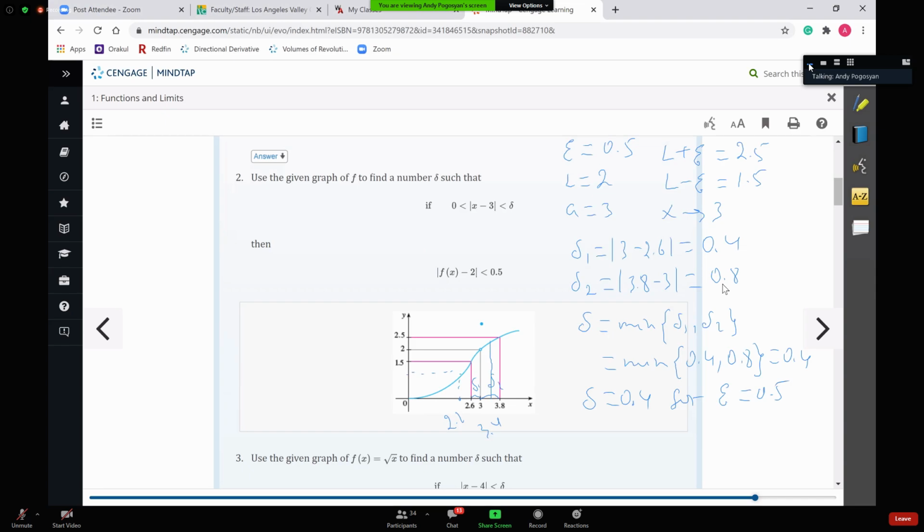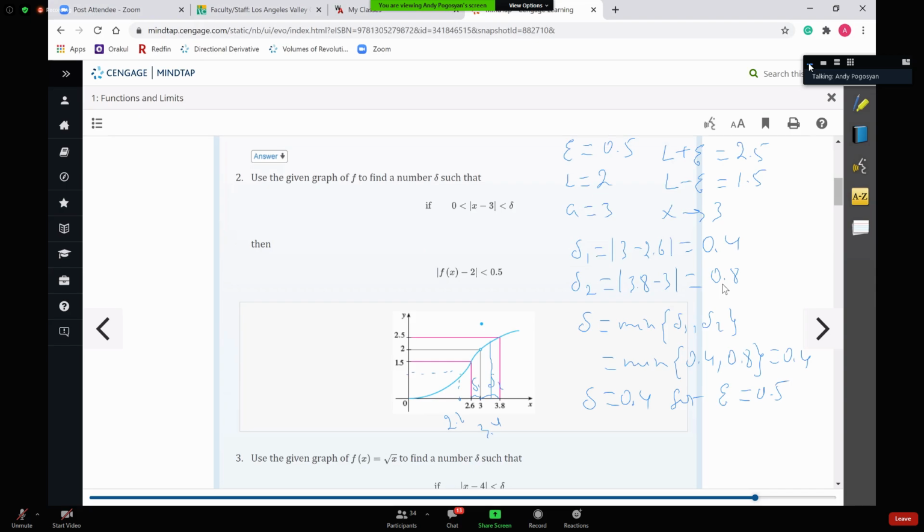Now this shows, if you have the graph, let's assume you want accuracy up to 0.5. So your f of x should be at a distance less than 0.5, epsilon 0.5. That means x values should vary between 2.6 and 3.4.